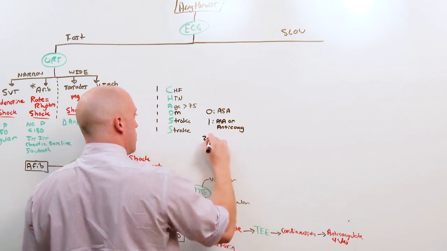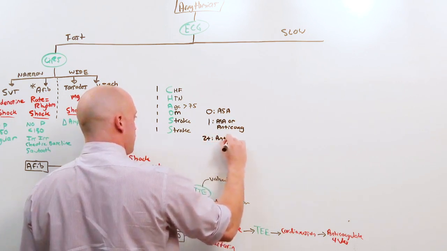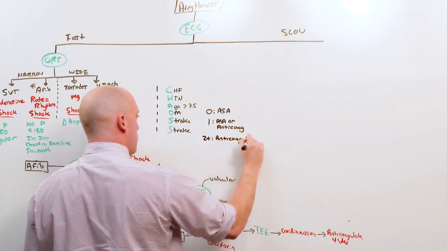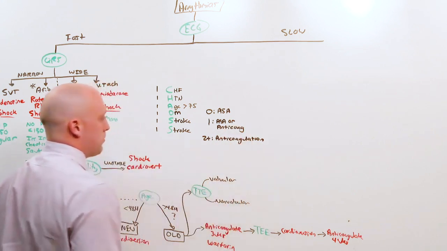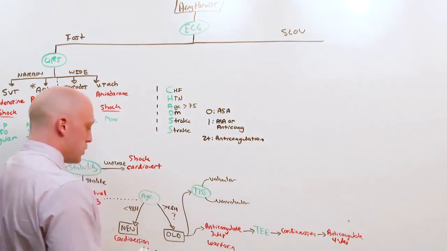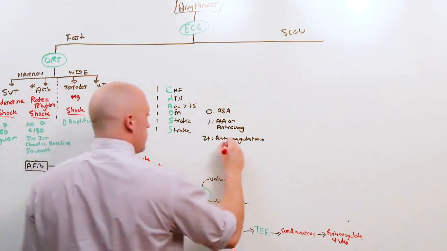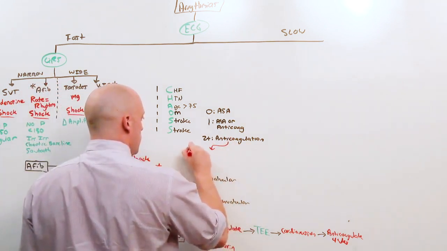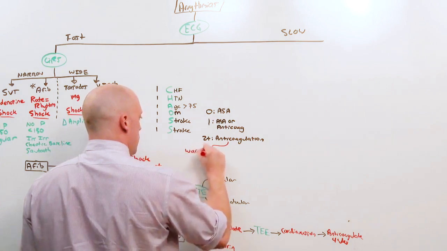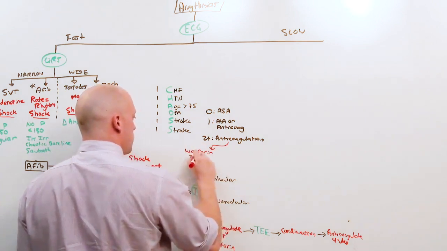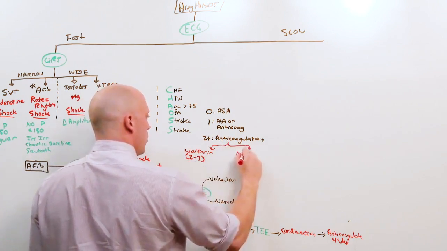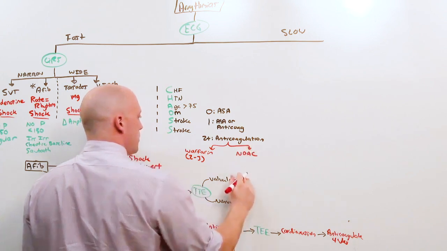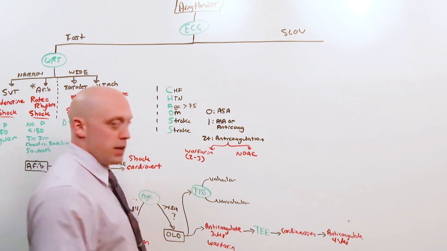If you're 2 or more, you get anticoagulation. What does anticoagulation mean? There are 2 options for anticoagulation. Warfarin with an INR of 2 to 3, or the novel oral anticoagulants, dabigatran, apixaban, or rivaroxaban.